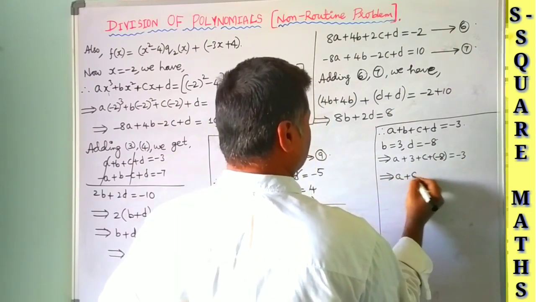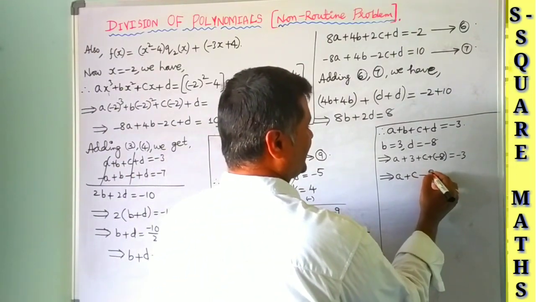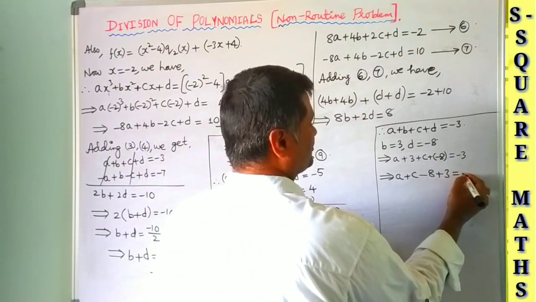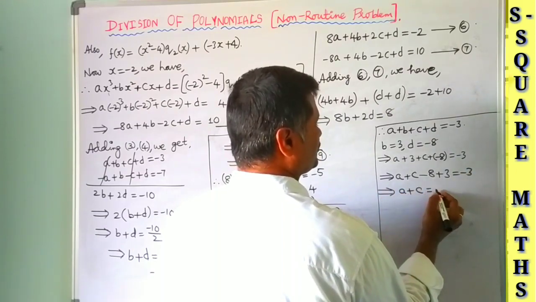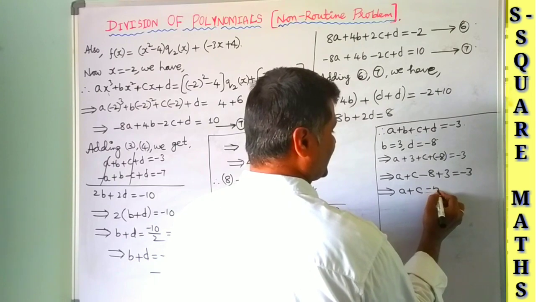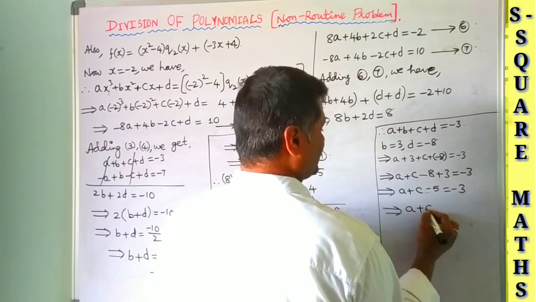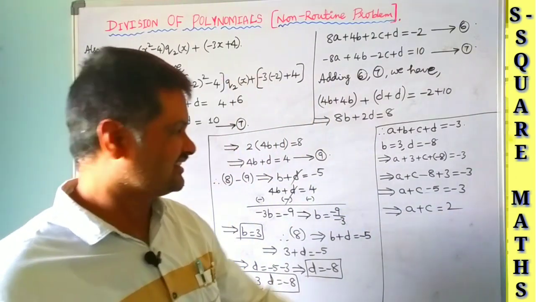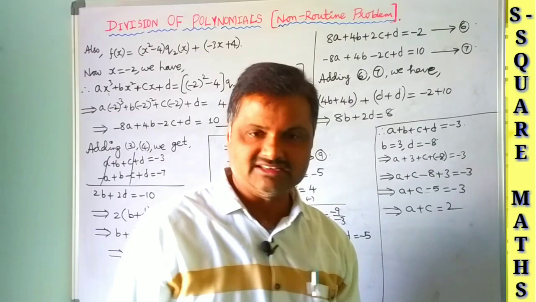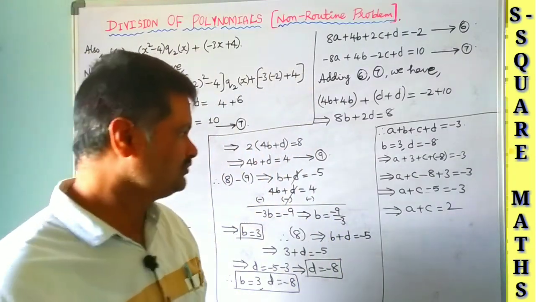So a plus c, plus into minus is minus, so minus 8 plus 3 is minus 5. Finally a plus c minus 5 is equal to minus 3, which implies a plus c is equal to 2, since minus 5 going to that side becomes plus 5, and minus 3 plus 5 gives you 2.